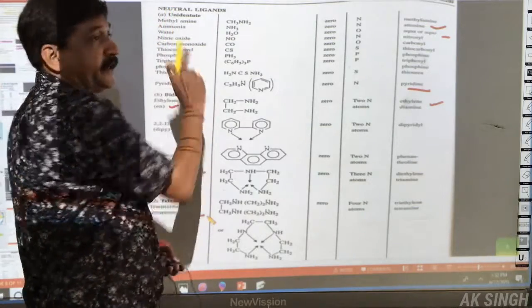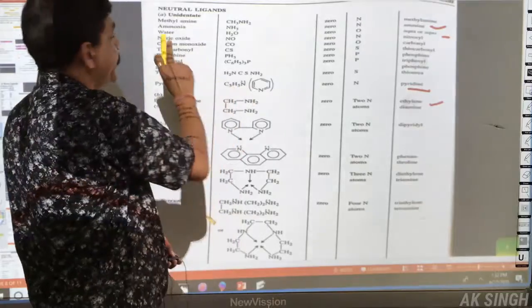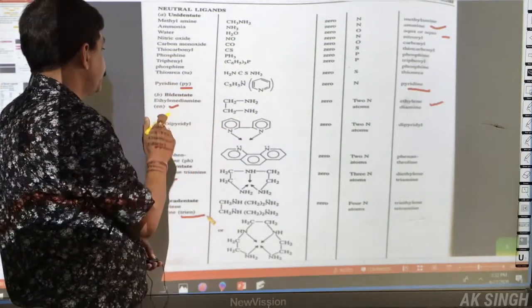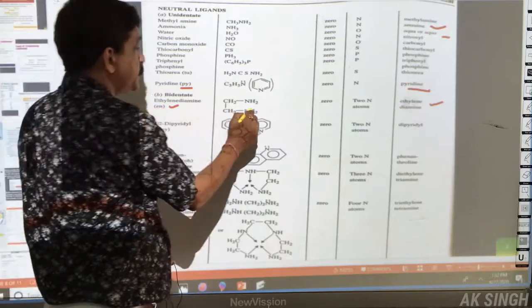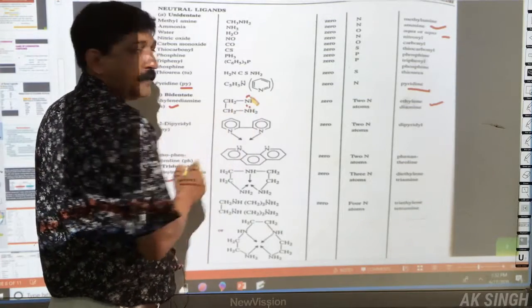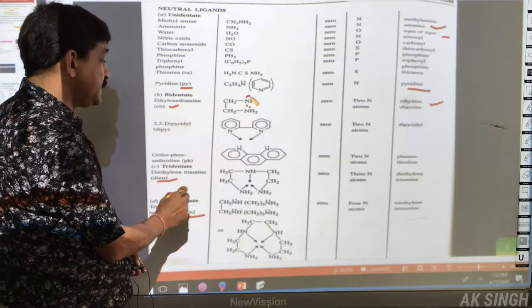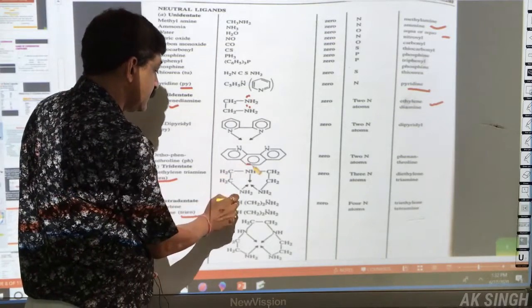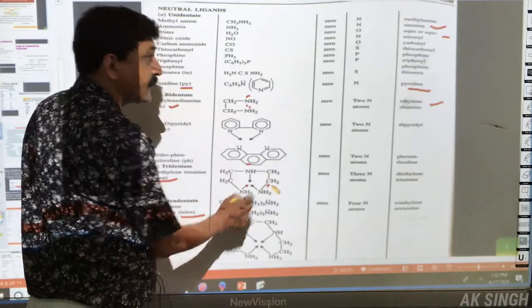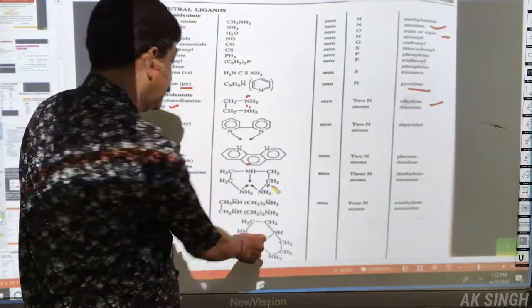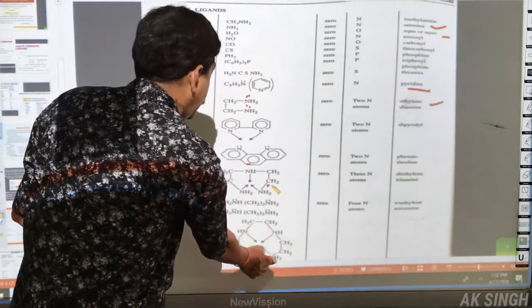These are unidentate, meaning one donor site, unidentate or monodentate. Bidentate has two donor sites, ethylene diamine. This one, dien, has three donor sites. And tetradentate, four donor sites: 1, 2, 3, 4.